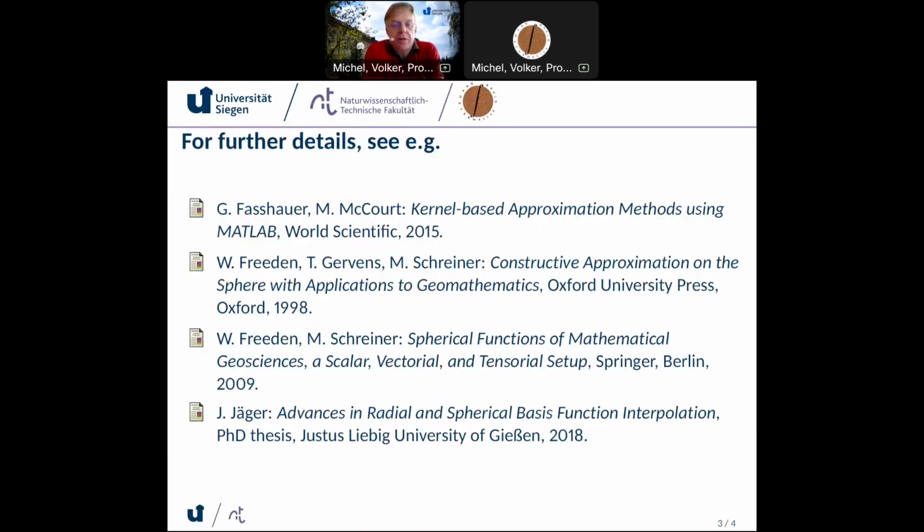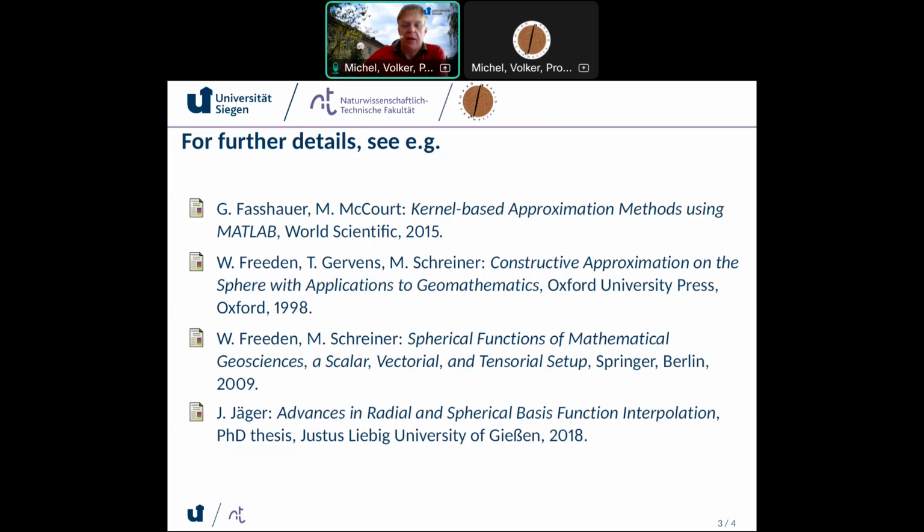So here's a very small selection of literature on these zonal functions or spherical radial basis functions. It's certainly, again, completely incomplete, and it's just a small selection. For example, as I said, Willi Freeden did a lot. Here's an example of two nice books by Willi Freeden and co-authors on approximation methods on the sphere.